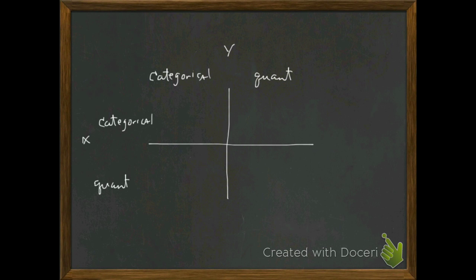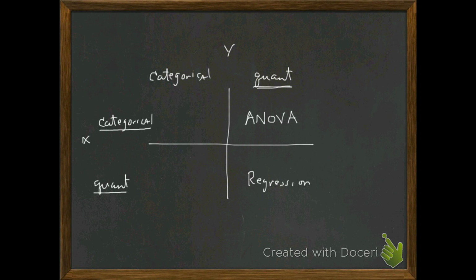If we have a quantitative x and a quantitative y, I hope you know by now that we could examine the relationship between the two using regression. If your independent variable is categorical and your dependent variable is quantitative, then we would do an ANOVA.